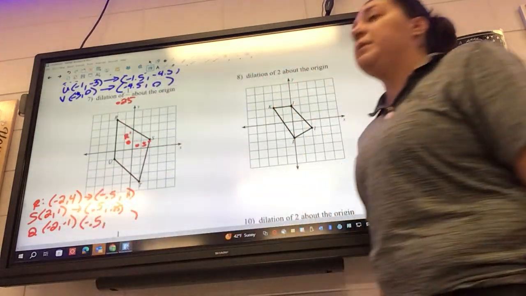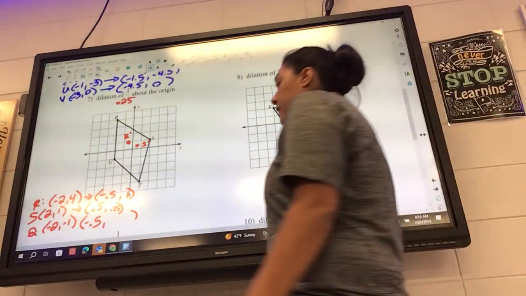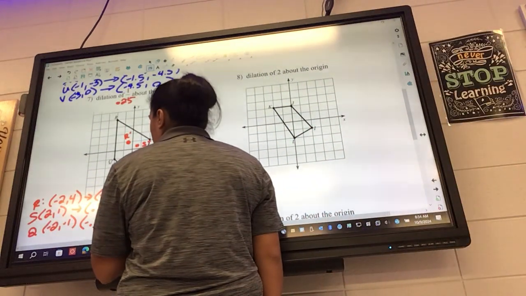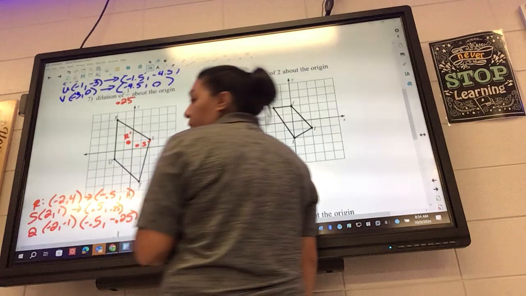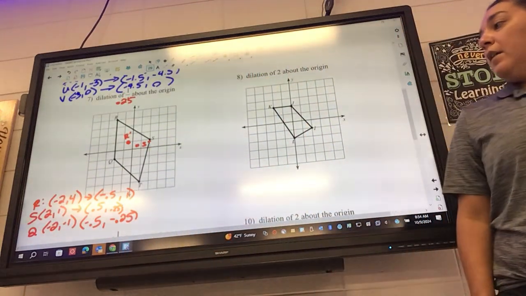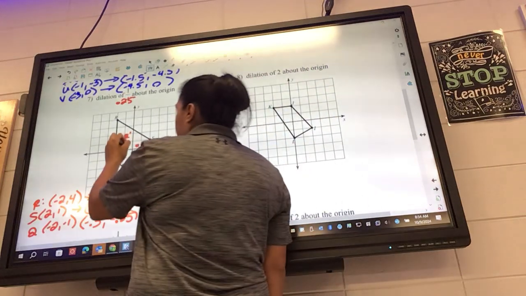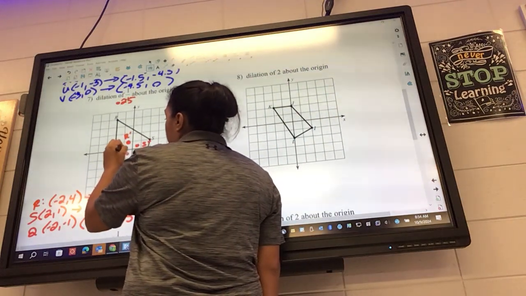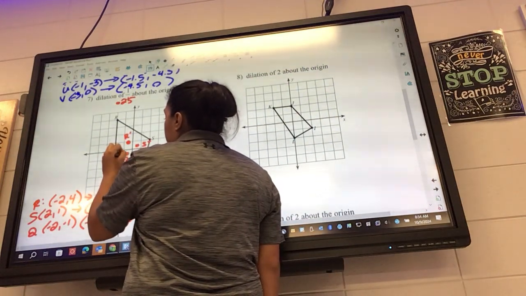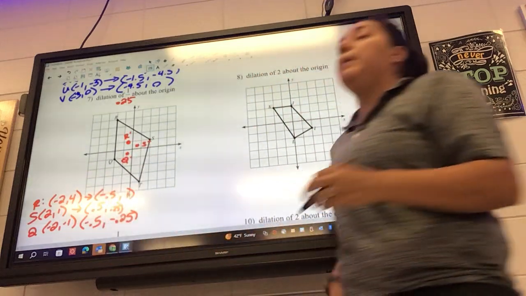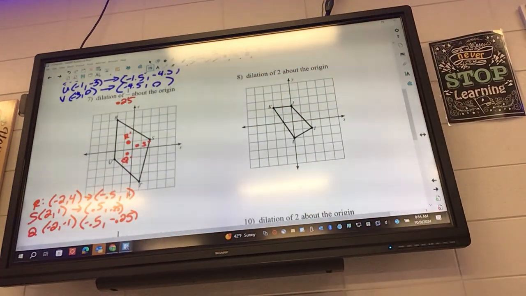Negative 1 times 0.25 is negative 0.25. So for the Q, I got negative a half and then negative a fourth. So it's going to be up here. So this is my Q prime. And again, remember we're doing a reduction, so it's going to be smaller.